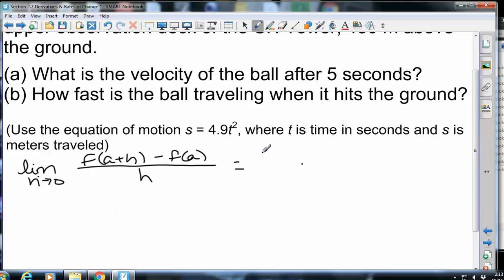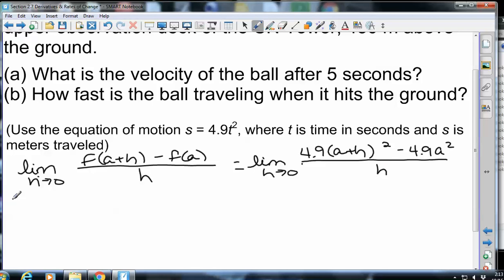So, f of a plus h, this is the equation we're using. So we are going to plug that in. So 4.9 times a plus h squared minus f of a, so 4.9 a squared, all over h. So I needed to FOIL all this out.